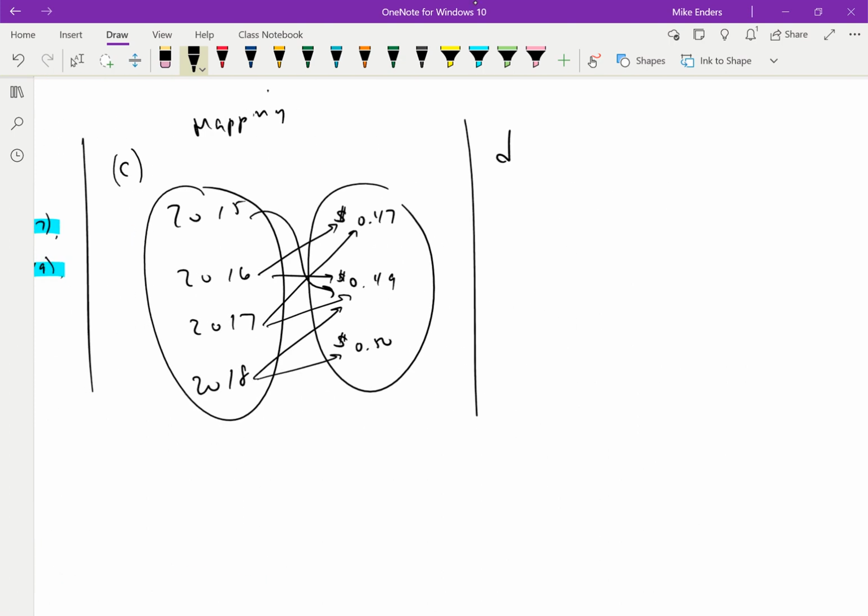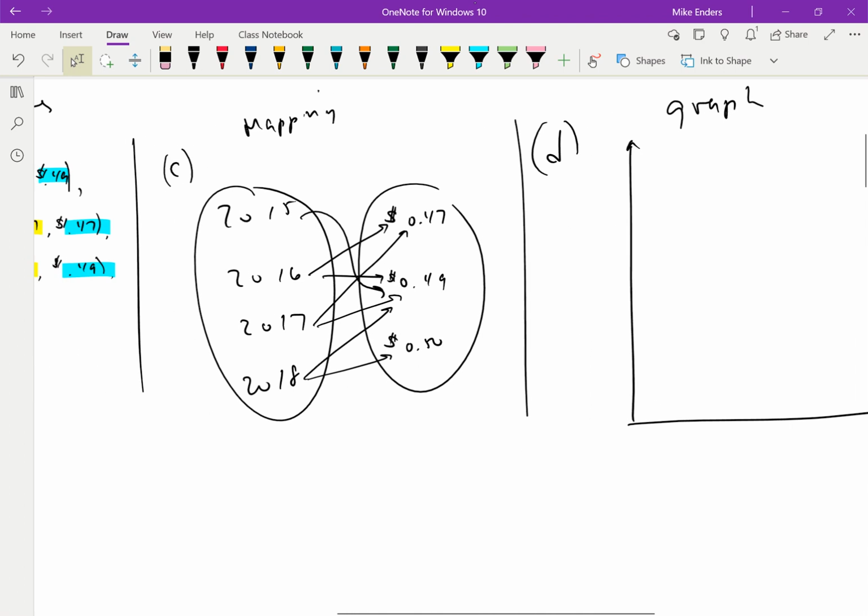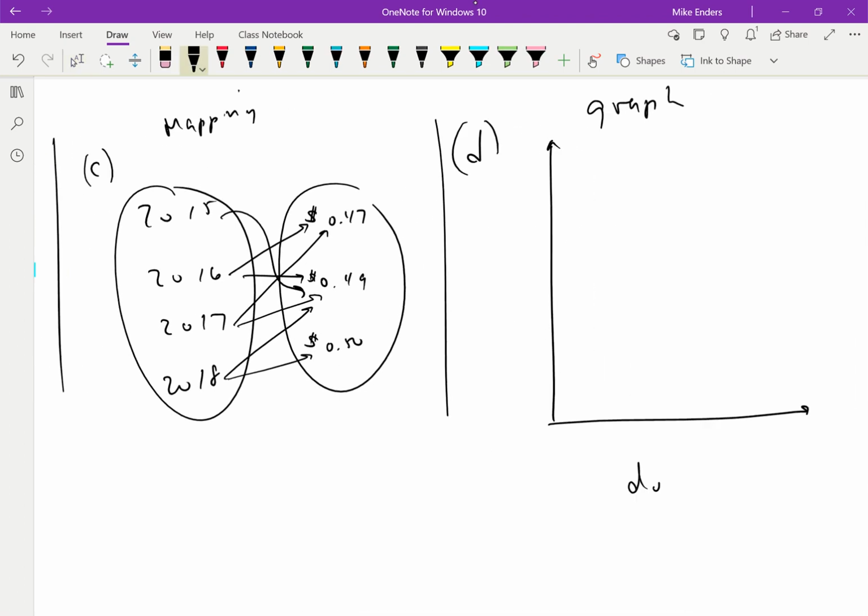Part D then is asking us to make a graph of these items. So this is where we're going to draw an XY plane. Whenever we do this, our domain is always going to end up being on our x-axis, or horizontal axis, and our range will always end up being on our y-axis, or vertical axis. So we're going to have years on our x-axis, and prices on our y-axis.